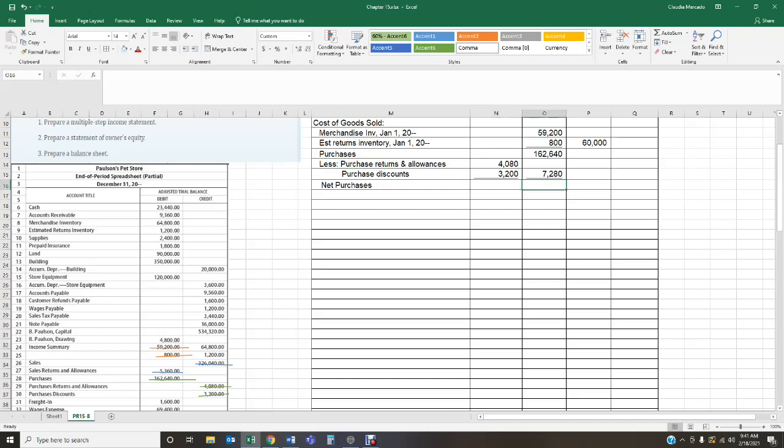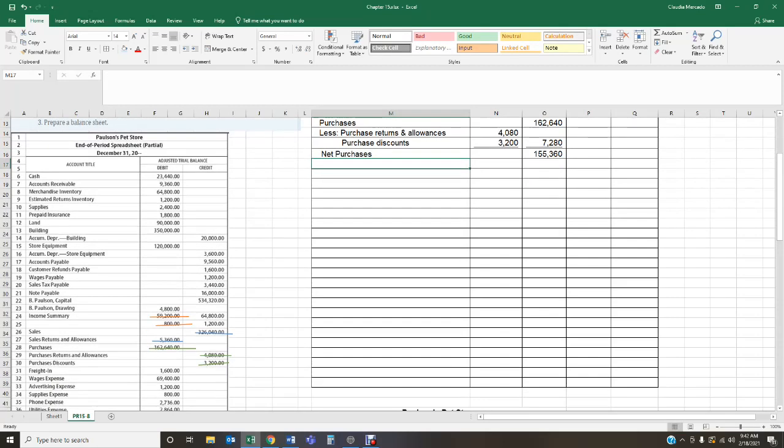Your net purchases is going to be your purchases minus your total purchase returns and allowances and purchase discounts, which was your 7,280. That gives you 155,360. Okay.